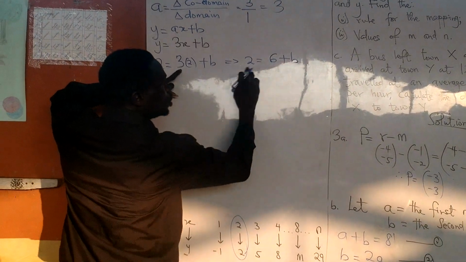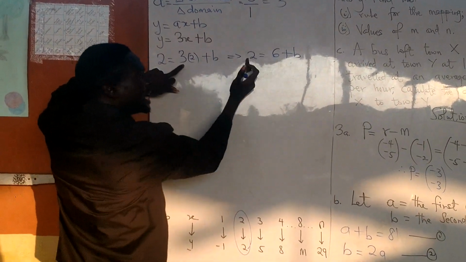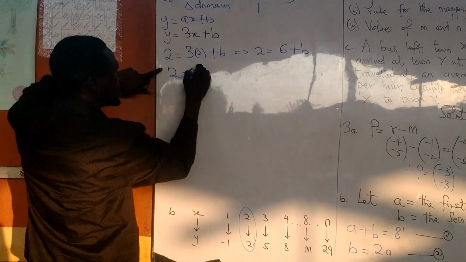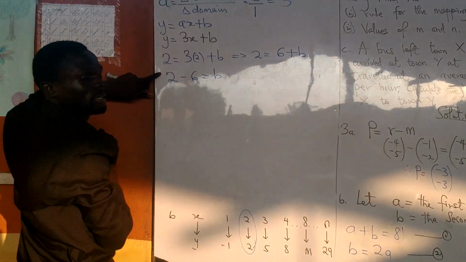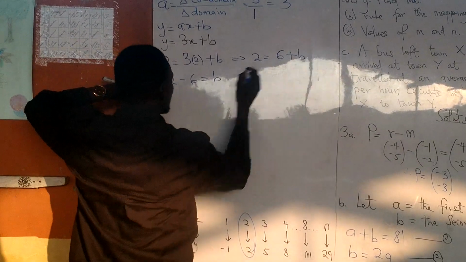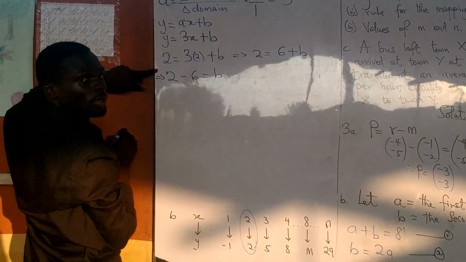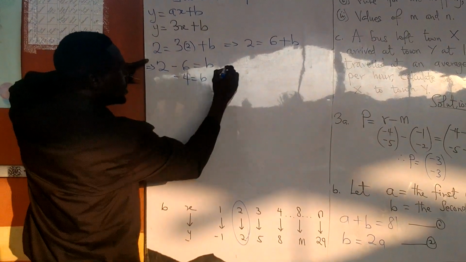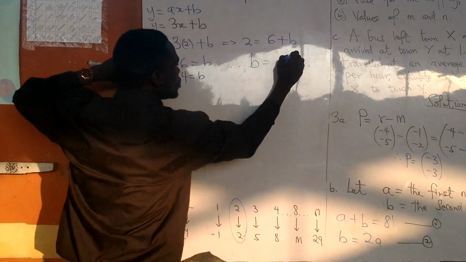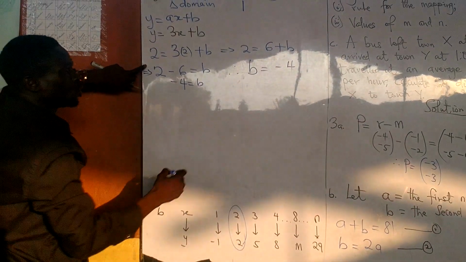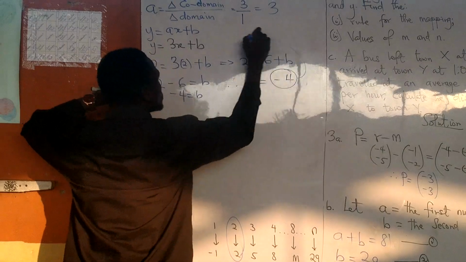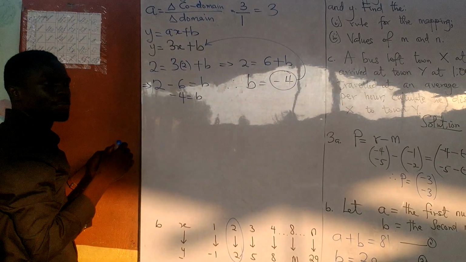From here, you group like terms by bringing the 6 this way, giving me 2 minus 6 is equal to b. So this is going to give me negative 4 is equal to b, which means b is equal to negative 4. So in place of this b, I'm going to substitute negative 4.